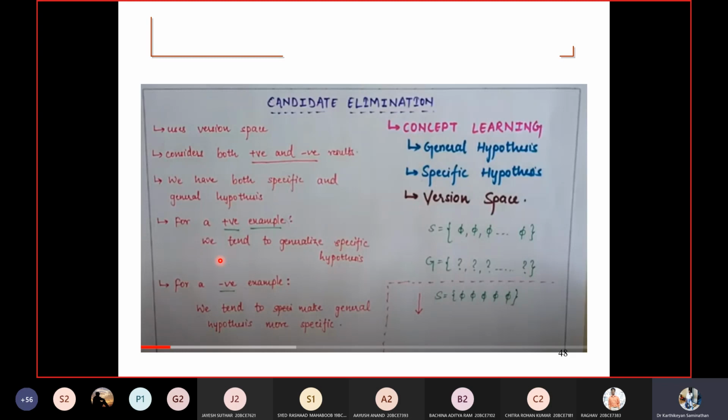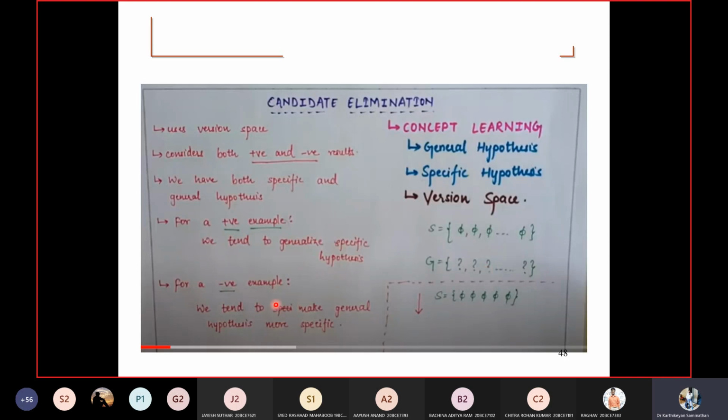After that, whenever positive examples come, we need to generalize the specific hypothesis. We need to touch only the specific hypothesis, the S0 set, and eliminate from the general hypothesis G0.